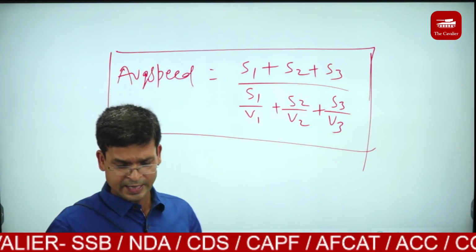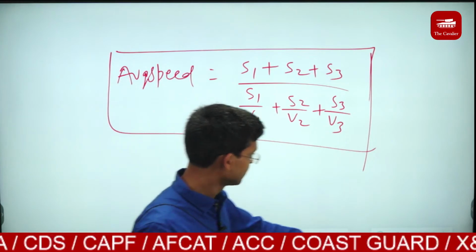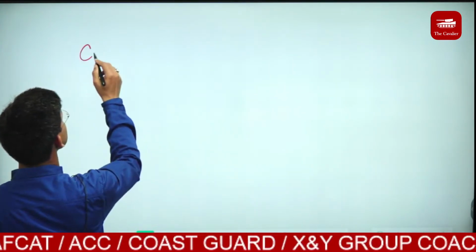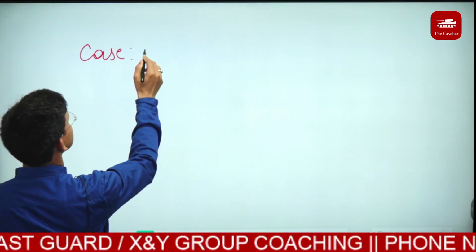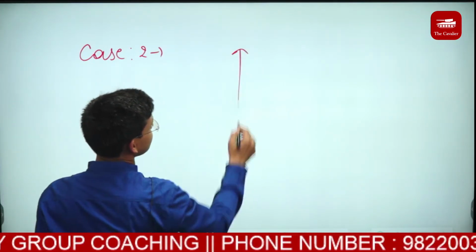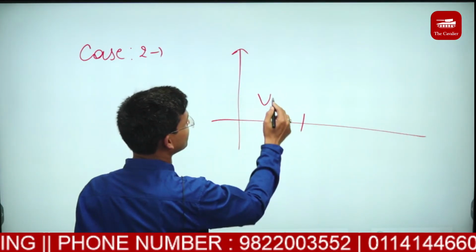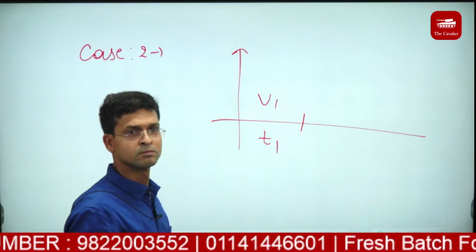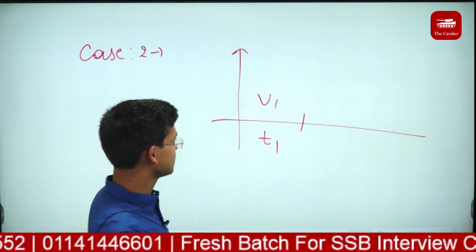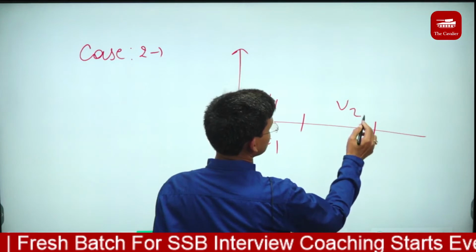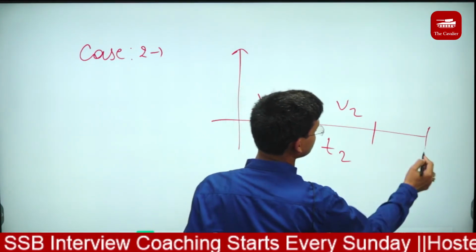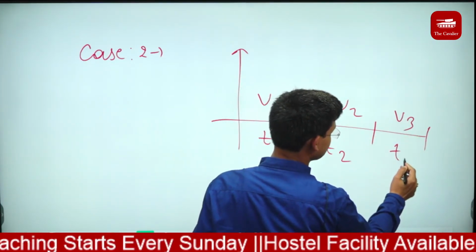Now the next application is in this case a body moves with a speed v1 for t1 time. Next, body moves with a speed v2 for t2 time and with a speed v3 for t3 time.